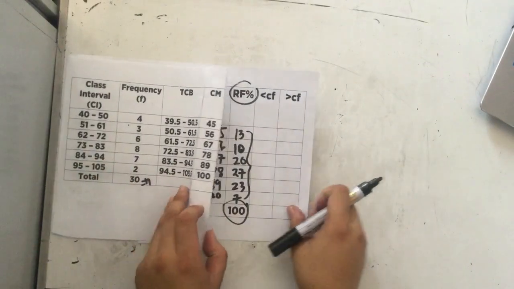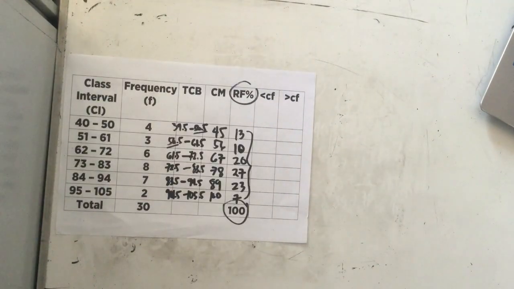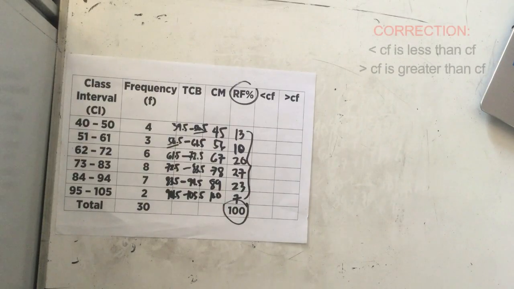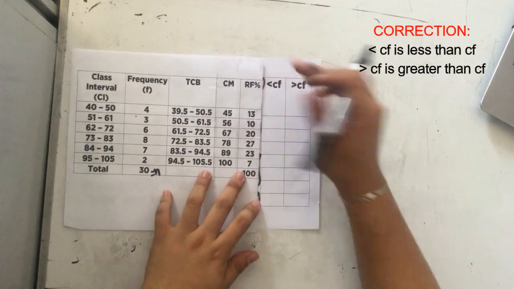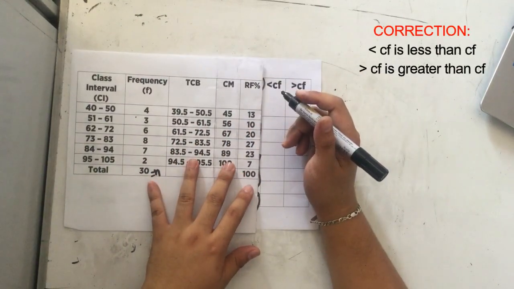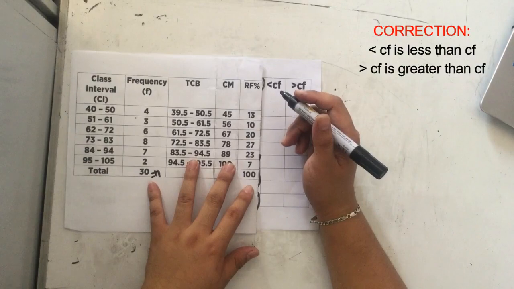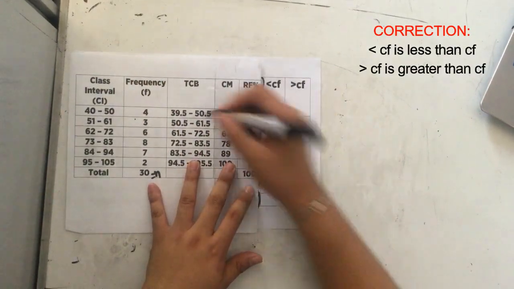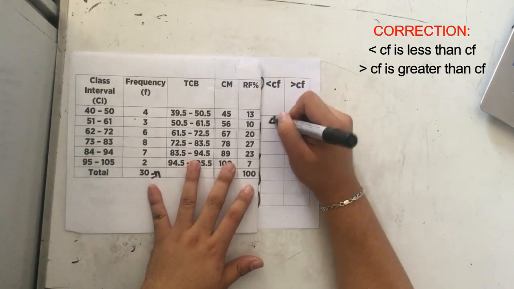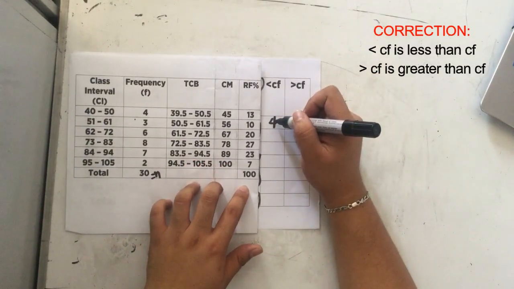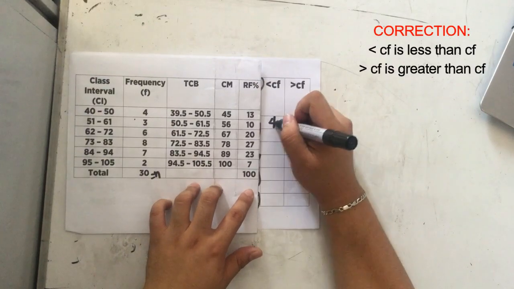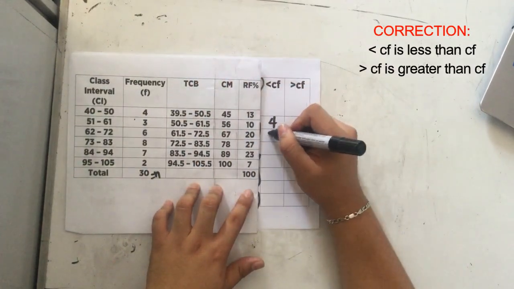Next part natin, we have our greater than cumulative frequency. Mag-start tayo dun sa lowest class interval natin, which is 40 to 50. So, kukunin lang natin si frequency, copy. So we have 4, and then we add the frequency ng second, yung susunod na class interval natin. So, 4 plus 3, we have 7.